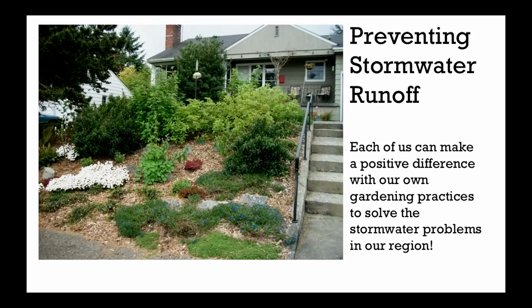And each of us, no matter whether you have a big yard or a small one, the way that you garden and the choices that you make will help solve the problems.